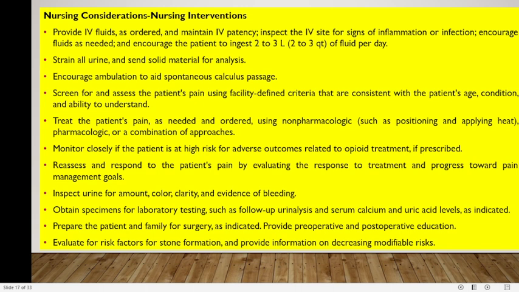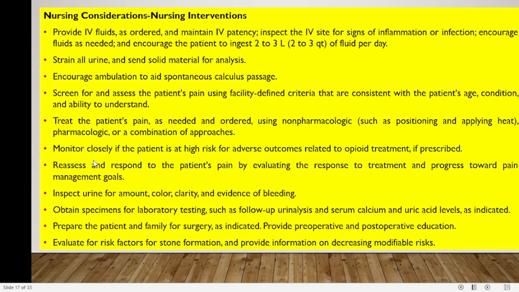We need to screen for and assess the patient's pain using facility-defined criteria that are consistent with the patient's age, condition, and ability to understand. We need to treat the patient's pain as needed and ordered using non-pharmacological methods such as positioning and applying heat, pharmacologic methods, or a combination of both approaches.